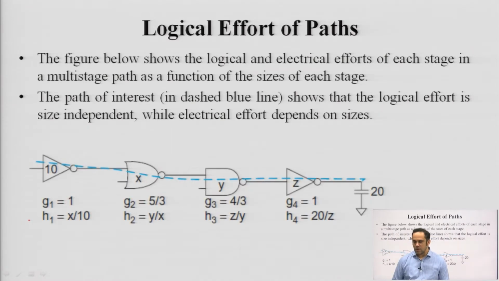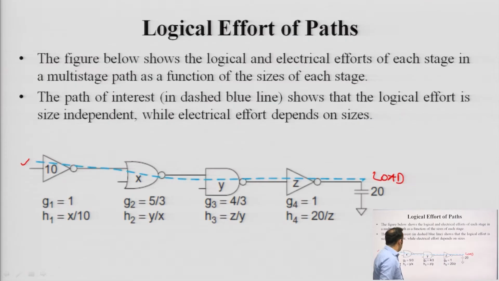So, take this example. This is a typical path starting from an inverter, moving through stages of logic gates, with again an inverter, and then the signal reaches the load.